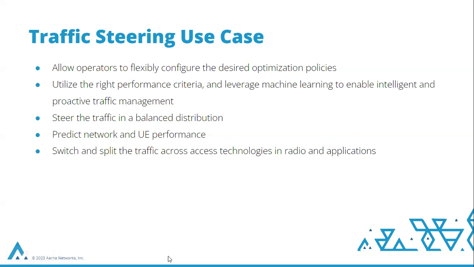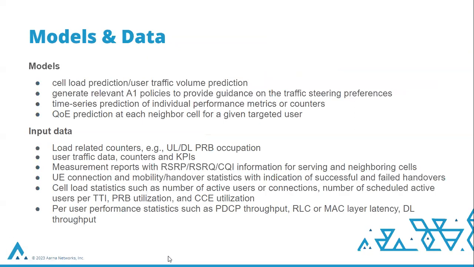Next slide, please. In order to achieve traffic steering, it's not possible via one single application or AI/ML model. So when we deploy in production, we need to break it down into multiple ML models or applications, and some of these application models are what we are going to discuss here.